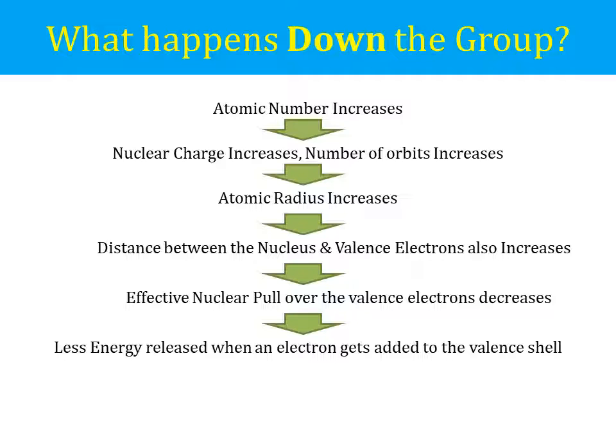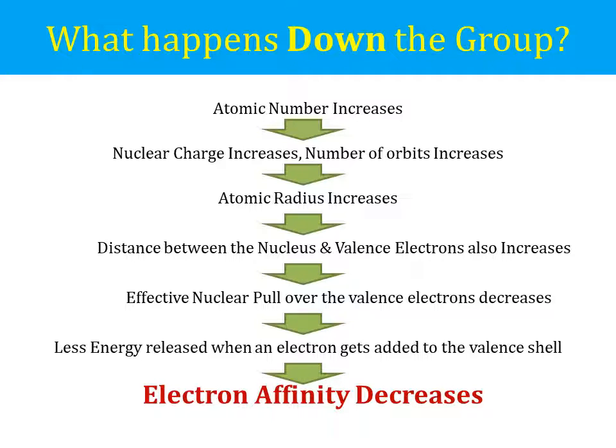Why will less energy be released if an electron is getting added into the valence shell with an increase in the number of orbits? I'll definitely come to that question, but what's the conclusion of this? The conclusion is that electron affinity decreases. So down the group, electron affinity decreases.